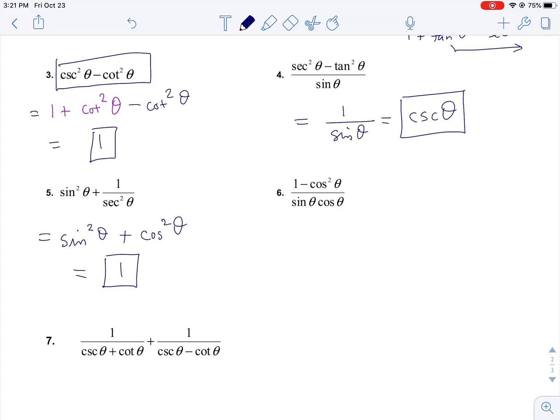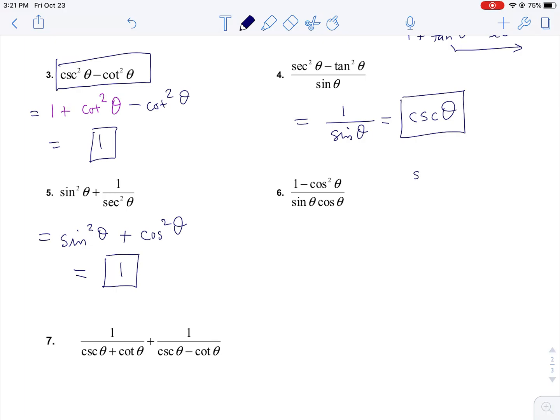Number 6 says 1 minus cosine squared theta over sine theta cosine theta. Resist the urge to just cross out cosines there. Remember, the top is a subtraction problem, so you can't do that. But I see a square, so that tells me Pythagorean identities.